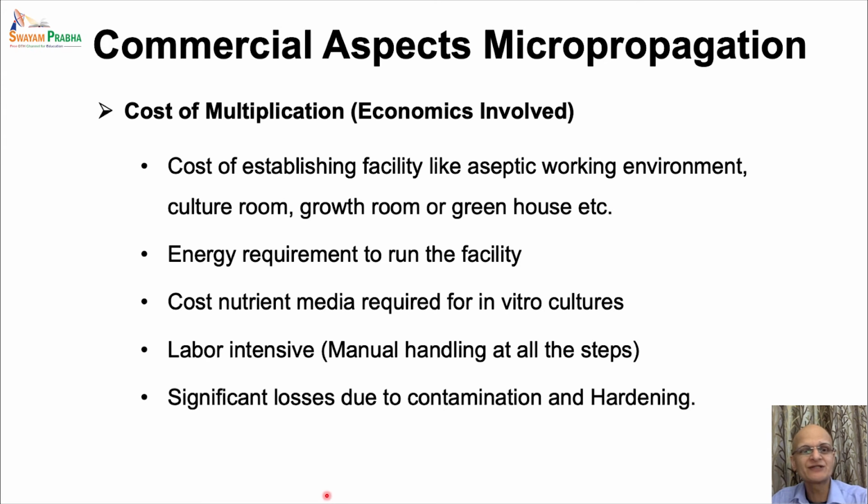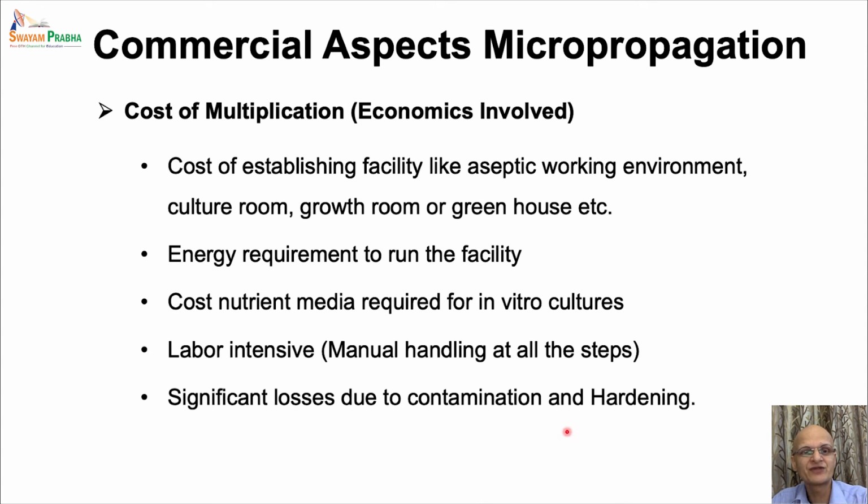In vitro cultures are prone to contamination from the growth of microorganisms like fungi and bacteria, and they may result in significant losses. They are continuously grown on a supply of sugars, and hence these microorganisms spread very fast.